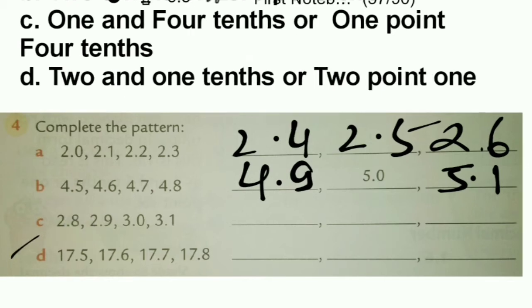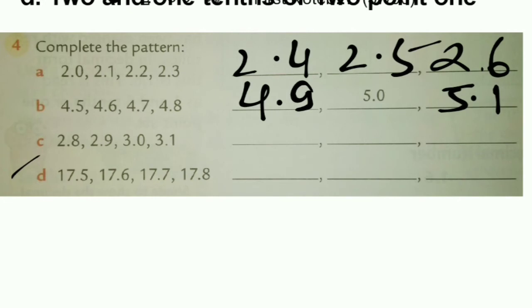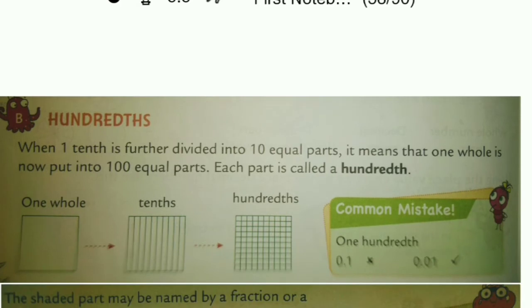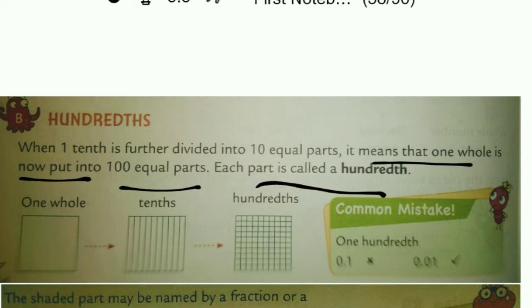Next we will see hundredth. What is hundredth? Hundredth means 1/100. See, when 1/10 is further divided into 10 equal parts, it means that one whole is now put into 100 equal parts. It is known as hundredth, meaning 1/100.